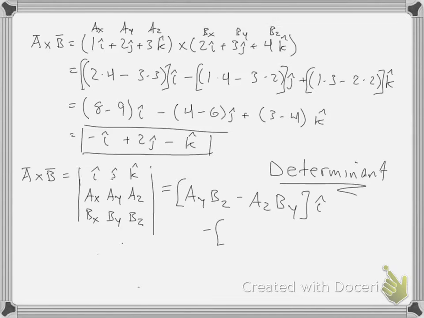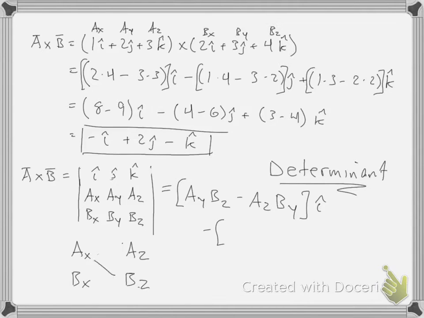BX. Okay. Now, for the J hat, guess what? You cross out the row and the column that intersect at the J hat vector in that 3 by 3 determinant matrix. Right? So before I write, I'll cross them out. So now we do that same pattern. But now we have AX and BX, and then AZ, BZ over here.